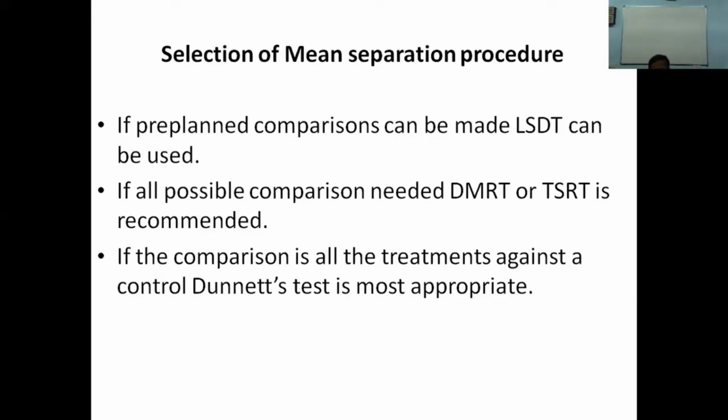So if you have a large number of treatments and want all possible comparisons, use those. If you want to compare with a specific one mean, the control, then we use the Dunnett test. The Dunnett test is used to compare with the control.